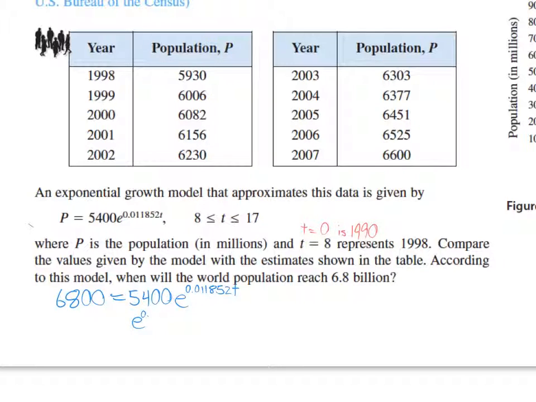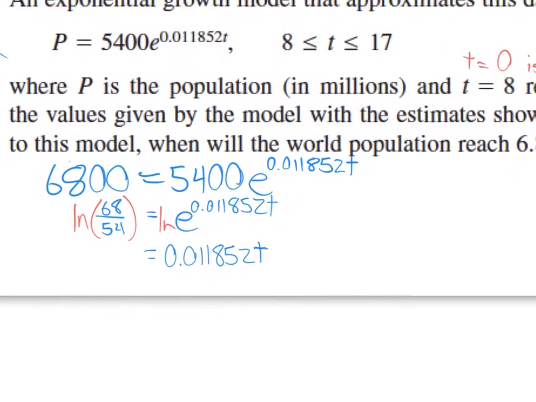So e to the 0.011852 t is whatever 68 over 54 is. And we're going to take the ln of both sides. Yeah, 6,800 over 5,400. So what does that end up equaling? ln of 68 over 54? Sorry, I'll blow that up for you.